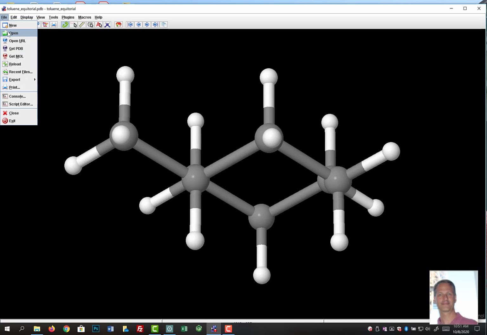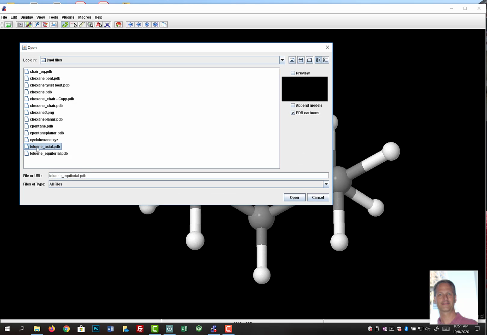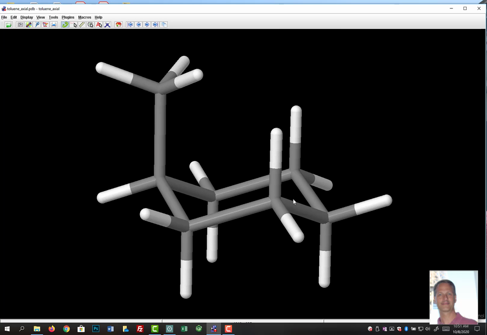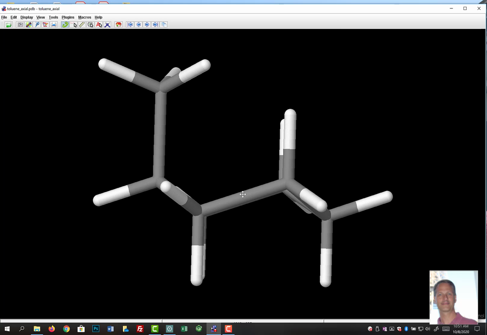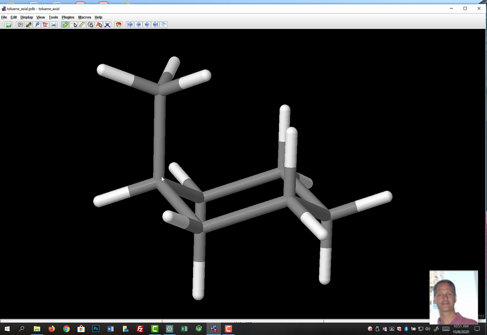But if we go back and we look at that axial form of toluene, right? So here we have position, if we just call that number 1, we have an axial position here, 1, there's a carbon atom, that's 2, and that's 3. So there's another axial position. So that's a 1,3 interaction.